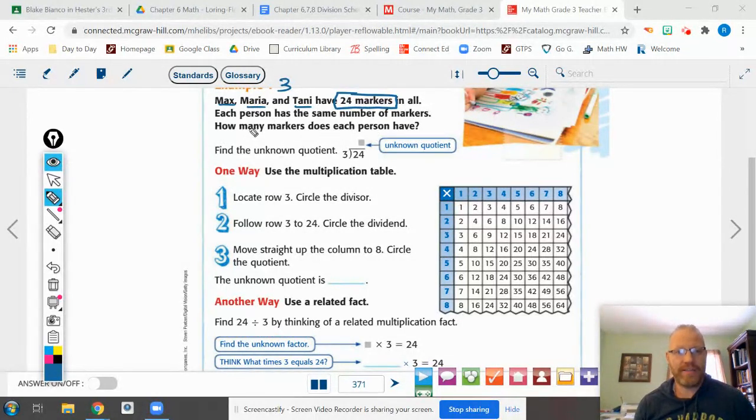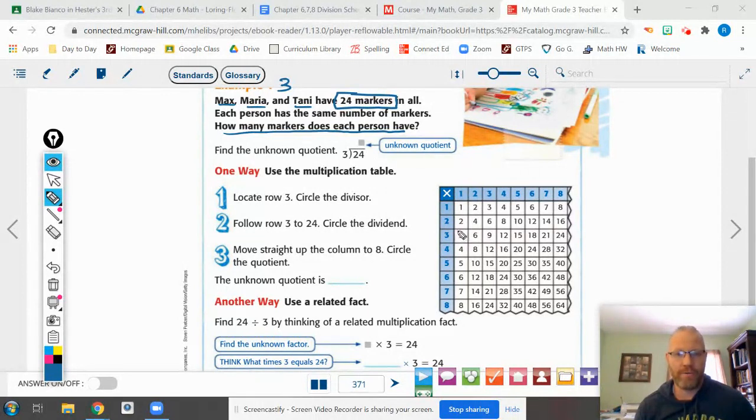So the question says, how many markers does each person have? So we're going to be looking for that with 3 groups out of 24 total. So our total goes inside the house as our dividend. So we have 3 into 24. 3 into 24, we can use our multiplication chart to help us.